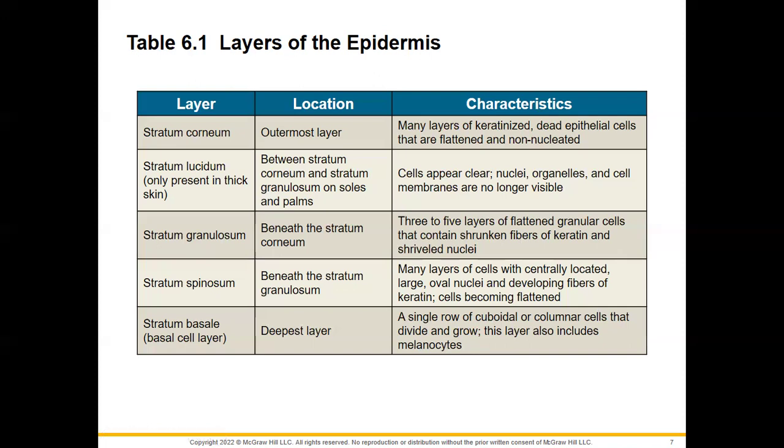So as you see more keratin fibers, they'll start to look like little grains. And that's why this is the granulosum, right? So flattened granular cells that contain shrunken fibers of keratin and shriveled nuclei. So as you get to the stratum granulosum, these cells are going to start to die, and that's why the nuclei are shriveling up.